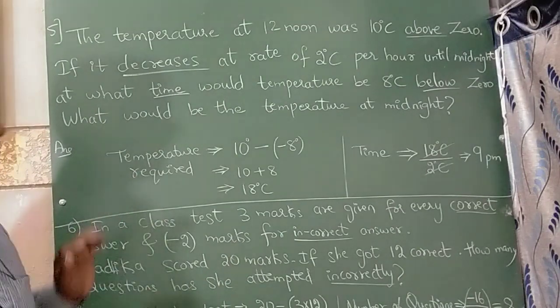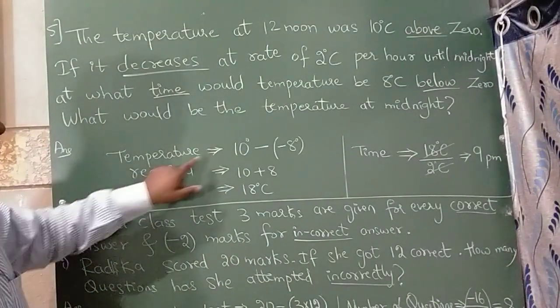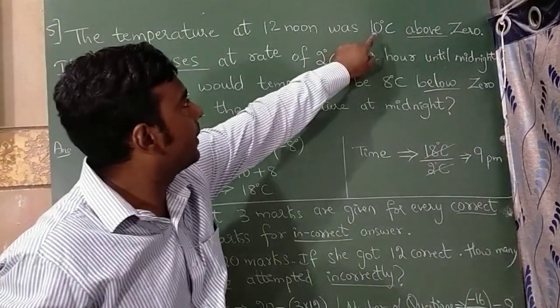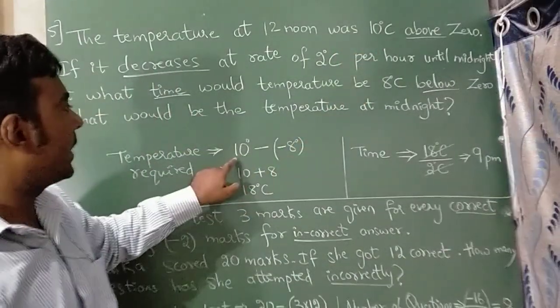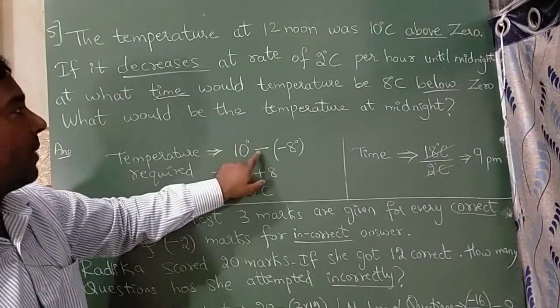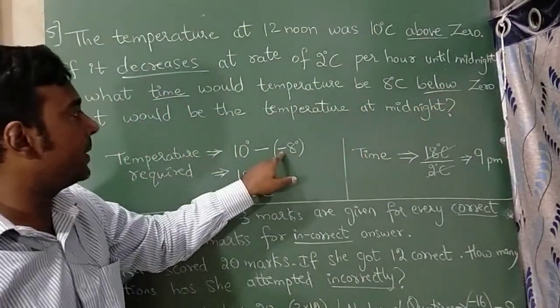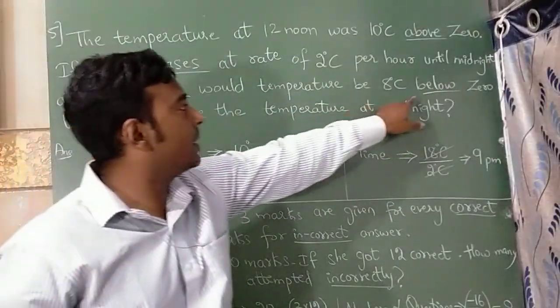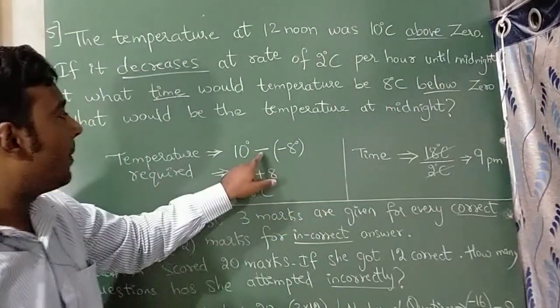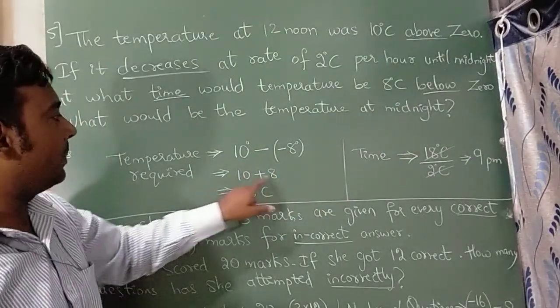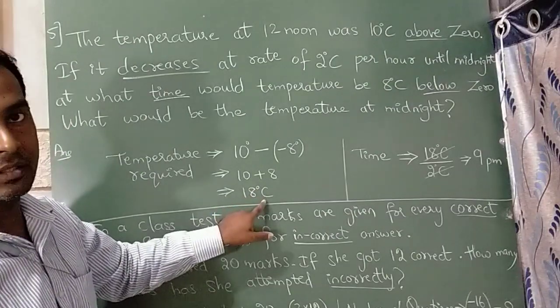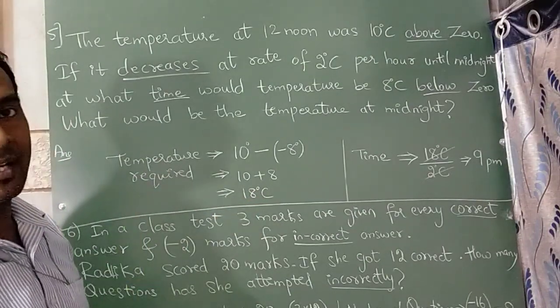So simple, I have solved here. Temperature required is 10 degrees above 0, right? Decreases, so minus 8 degrees below 0, so I have written minus 8 because it is below 0. Okay, minus into minus plus, 10 plus 8 is 18 degrees Celsius. Fine, this was about the temperature.